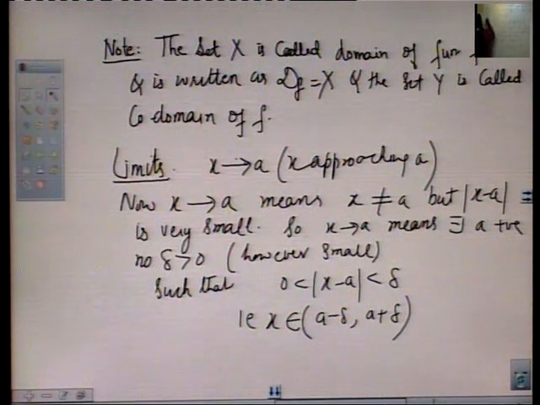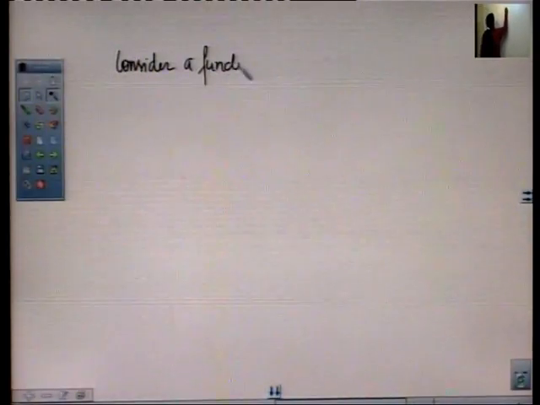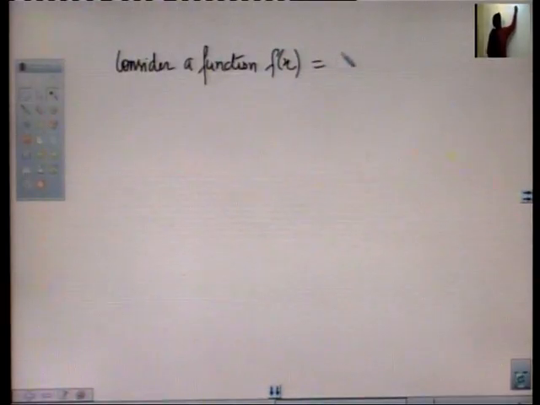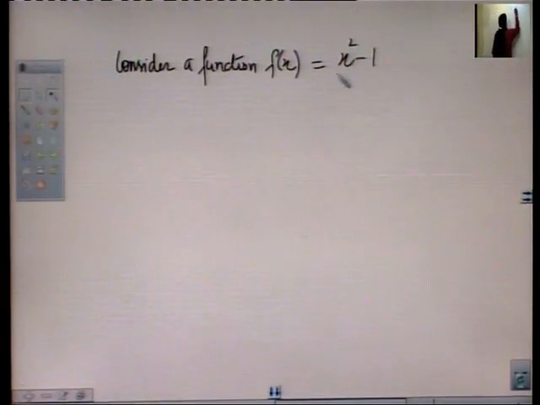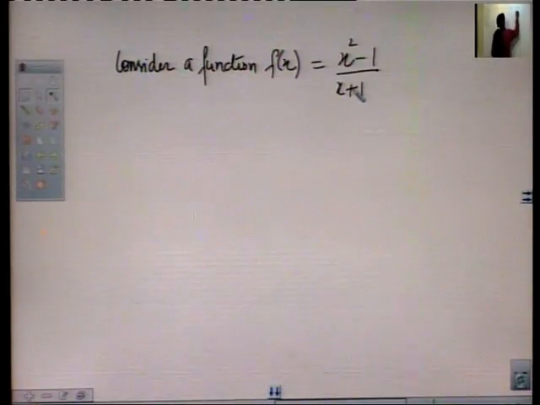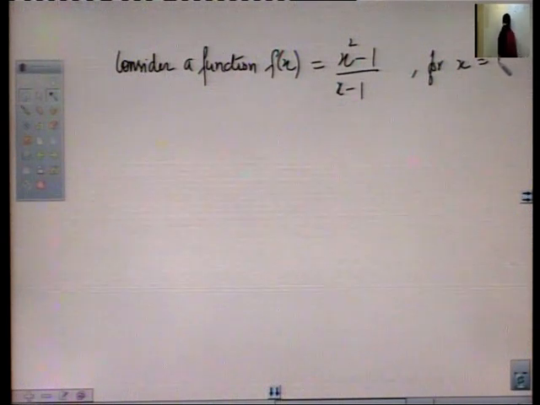Now, we define limits. Consider a function f(x) is equal to (x square minus 1) upon (x minus 1) for x not equal to 1.